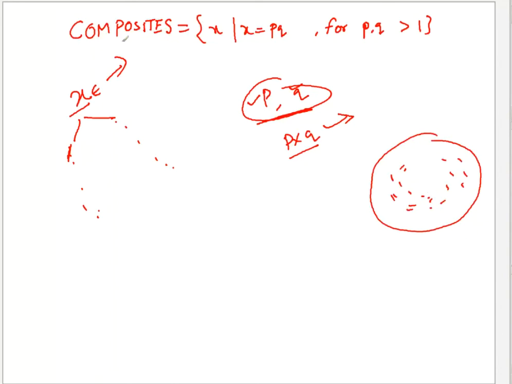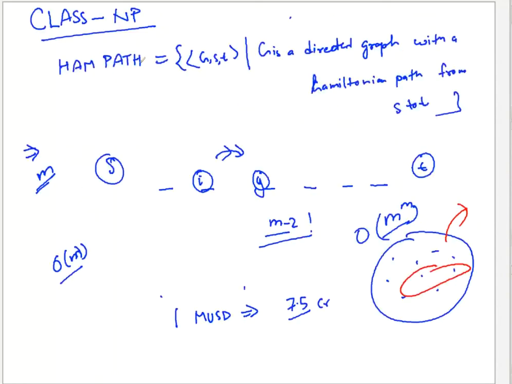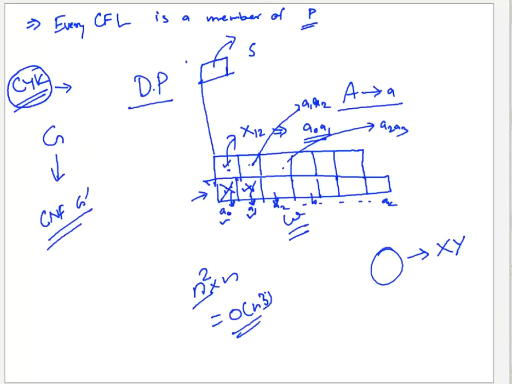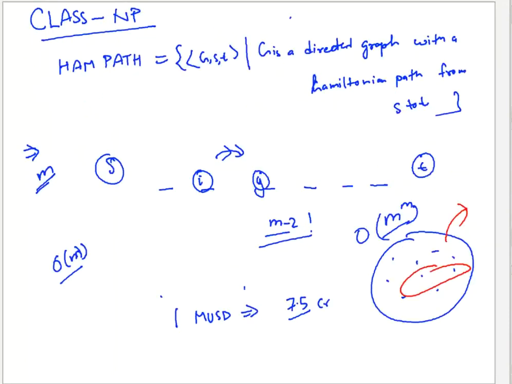Certainly composites is part of P, because you have proved that primes, checking whether it is prime or not, is a kind of complement of that language. But still the problem is polynomial time verifiable. So we are trying to understand what we mean by polynomial time verifiability, right?